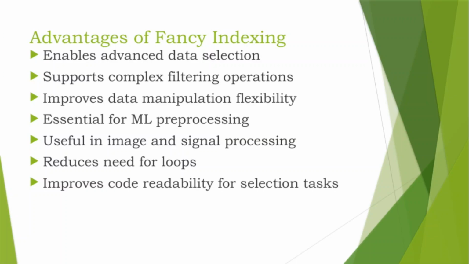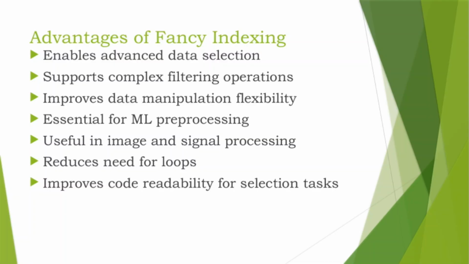Fancy indexing plays a significant role in data science and machine learning. During data preprocessing, analysts often divide datasets into training and testing subsets using randomly generated index arrays. Machine learning algorithms may require selecting specific features or observations from large datasets based on predefined criteria.